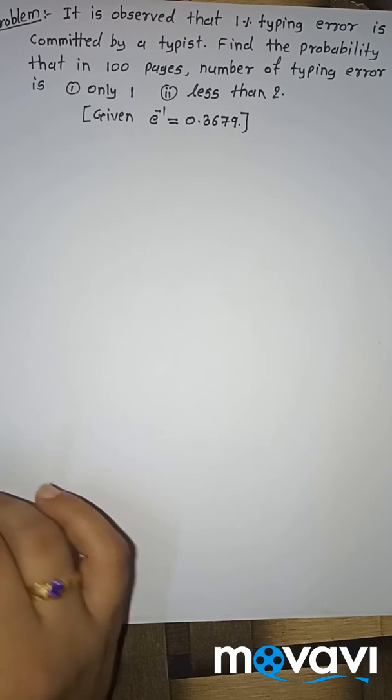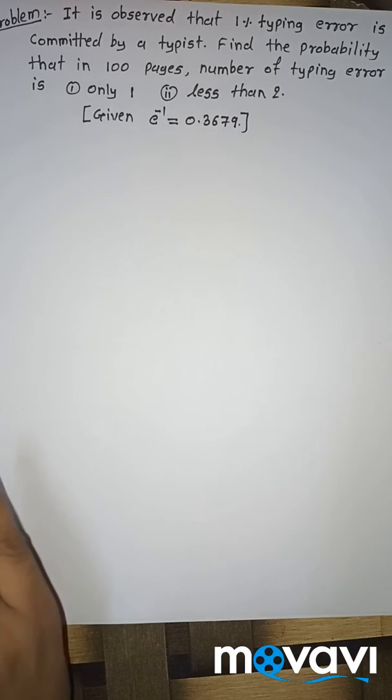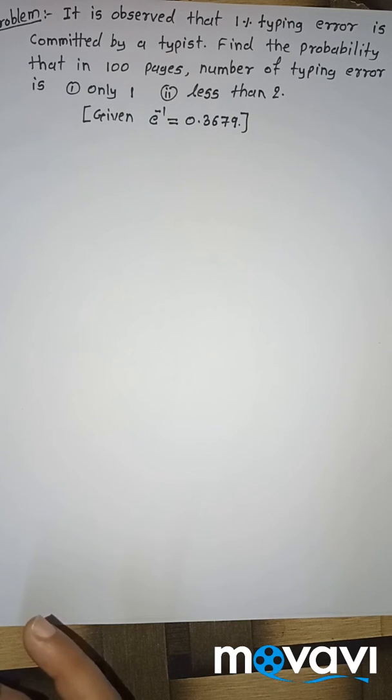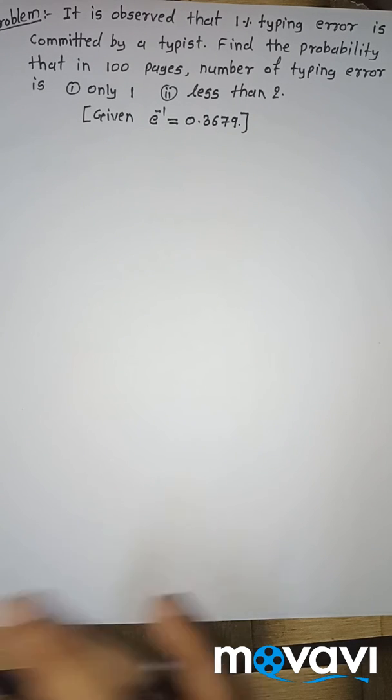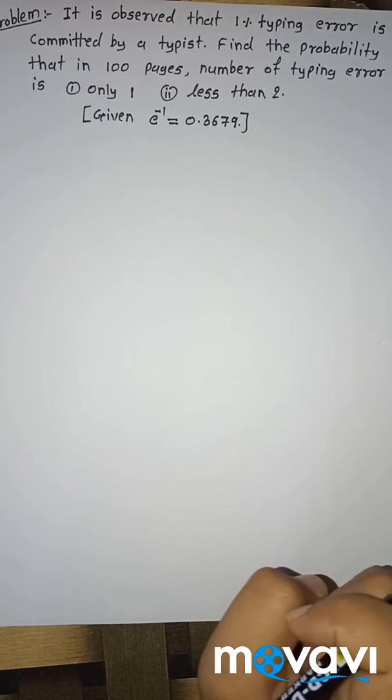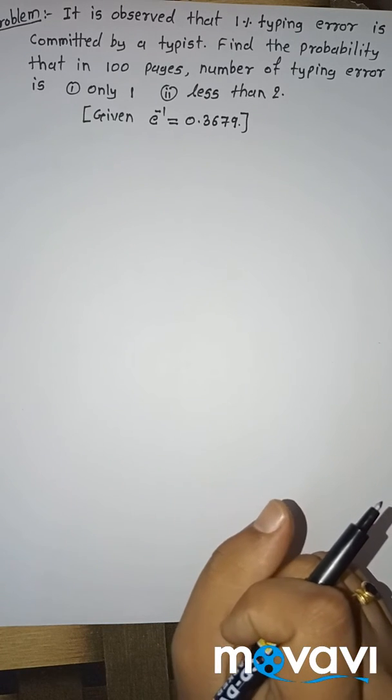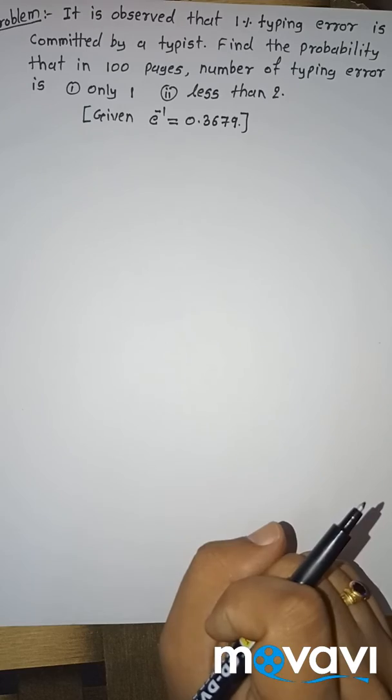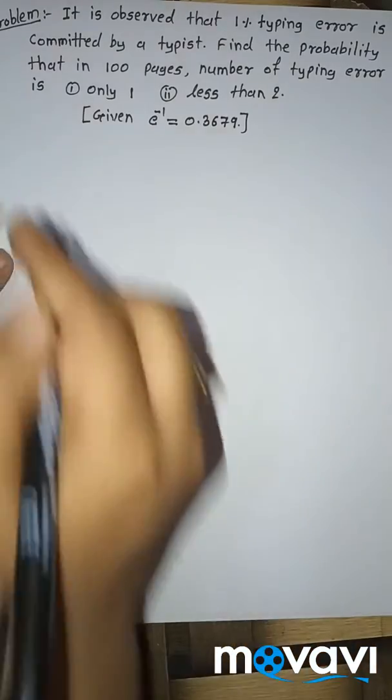It is observed that 1% typing error is committed by a typist. Find the probability that in 100 pages number of typing errors is only 1 and less than 2.